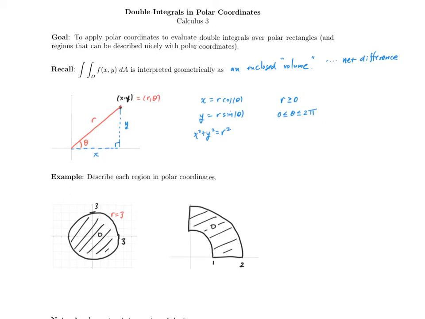Note in general, if r is equal to a constant, that represents a circle of that radius centered at the origin. So in our case, r is going to vary from 0 up until we hit that circle. That is to say, the r values are between 0 and 3, and we're going all the way around, so the theta values would be between 0 and 2 pi.